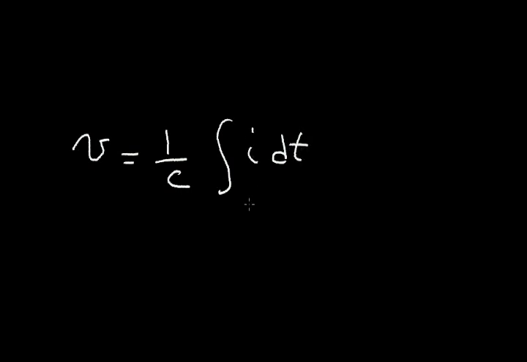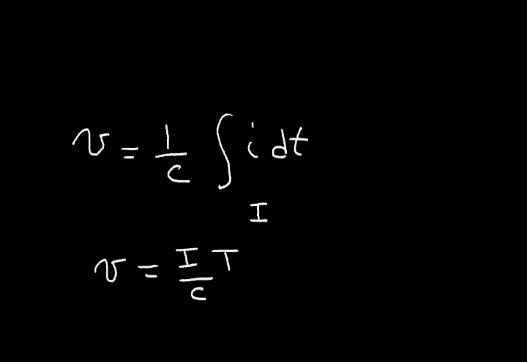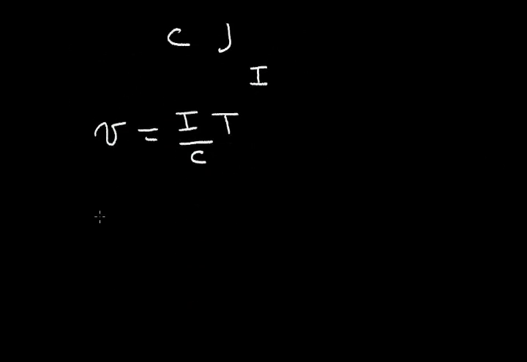If I is constant, let's say I is equal to capital I, which just means it's a constant, this equation simplifies, and I end up with V equals I over C times the time, T. Or I'd prefer to rewrite this as CV equals I T.